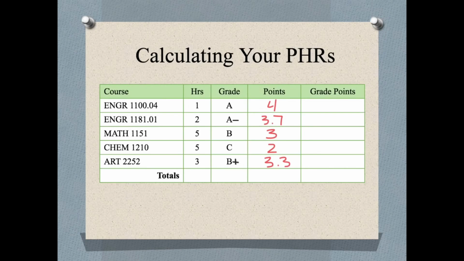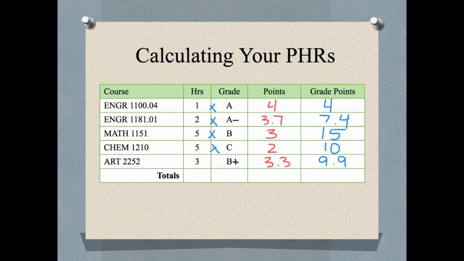In order to do that, you need to multiply the number of credit hours by the number of points that you've received for that grade. So 1 times 4 would be 4, 2 times 3.7 would be 7.4, 5 times 3 is 15, 5 times 2 is 10, and 3 times 3.3 is 9.9.